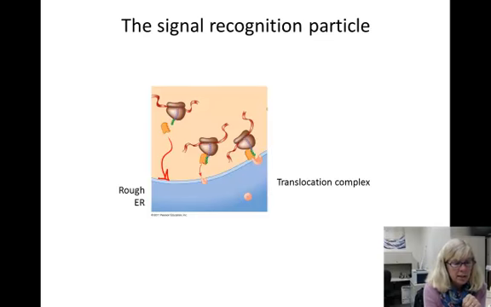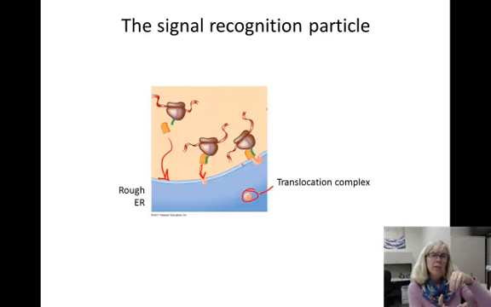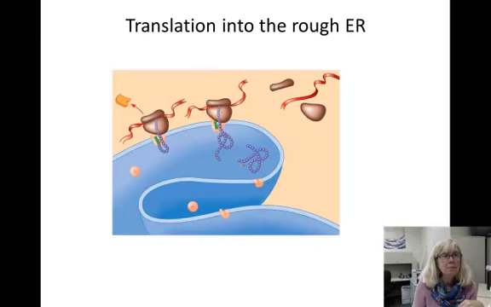You can see that the SRP can bind to a pore in the rough ER called a translocation complex. And when it binds, it threads the newly forming peptide through the membrane and into the lumen of the rough ER. As you can see, the first thing to go through is the signal peptide. Then the rest of the polypeptide follows.